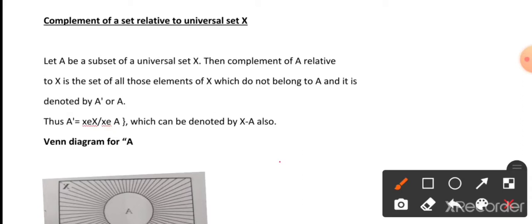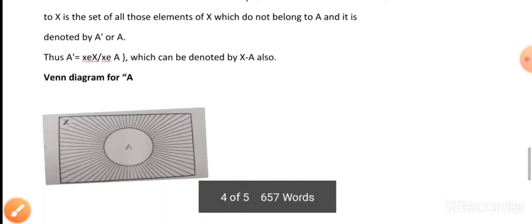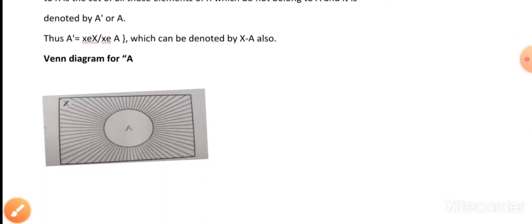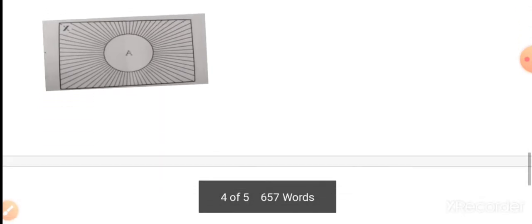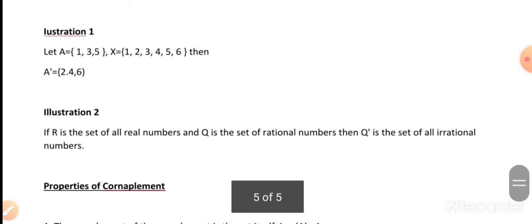To draw the Venn diagram, this is A and this is X. Leaving the limits of set A, all remaining elements form the complement A dash. Here is an example: A equals 1, 2, 3, 4 and capital X equals 1, 2, 3, 4, 5, 6.